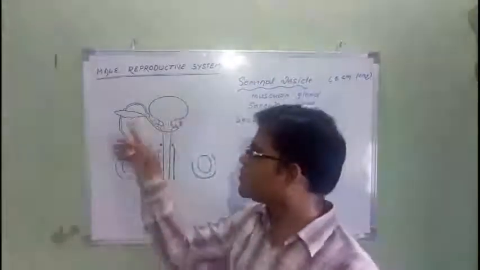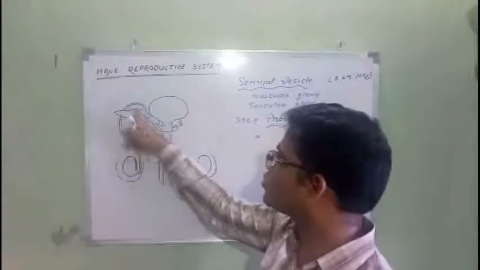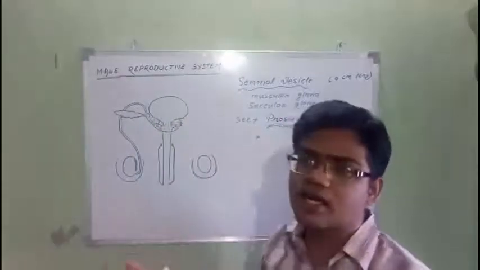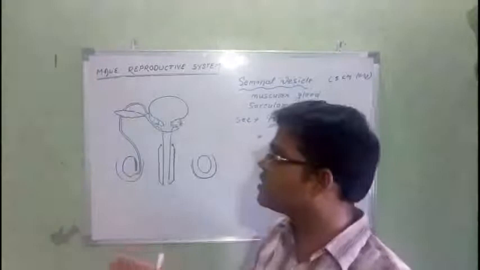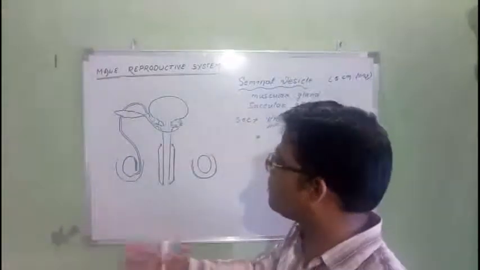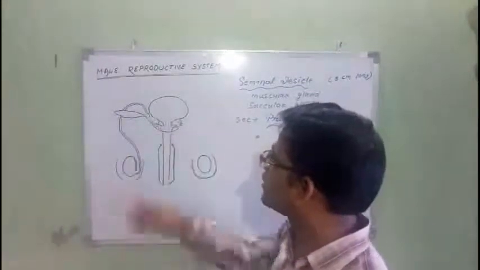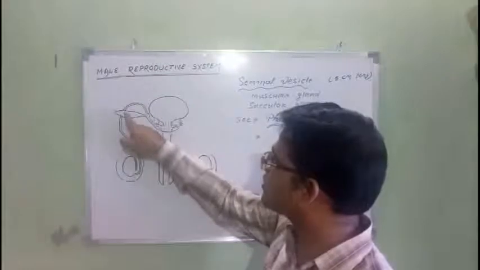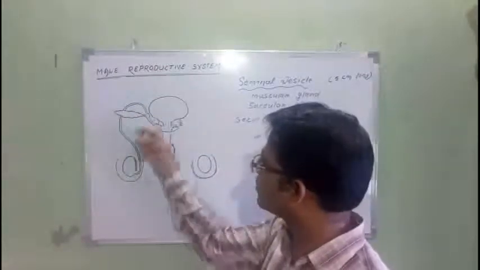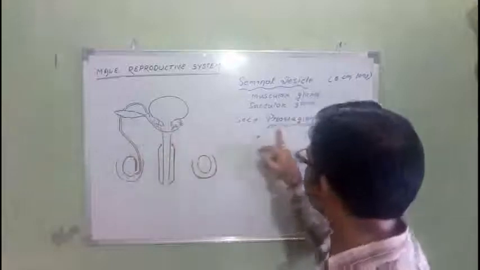Whatever sperm comes from this side should be in an active condition, and that activeness comes from the secretion of the seminal vesicle, which contains prostaglandin.